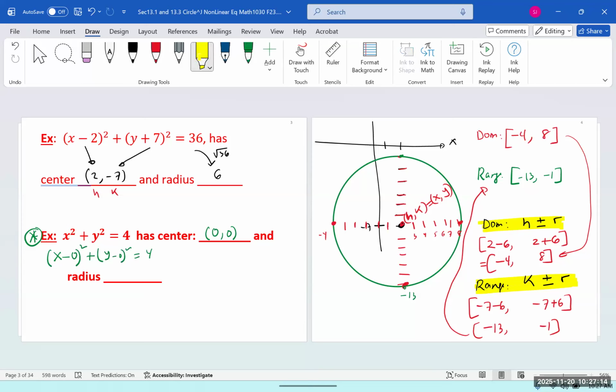So that tells us 0 and 0 is our center. And how much is the radius? 2. It's the square root of 4. So if you don't have anything, it's always at the origin. And if you do have a number, that means your center is somewhere not at the origin. Okay. So how about the domain here?